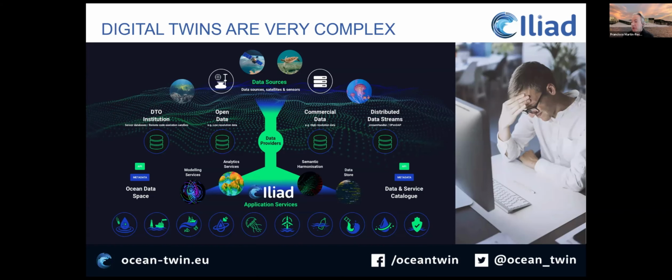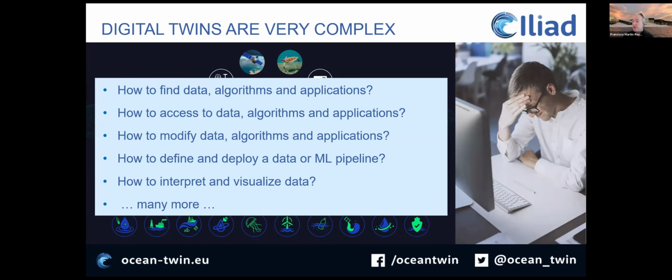But in most cases, you are just a researcher, maybe specialized in biodiversity. You are not a computer engineer. You are not a database engineer. And you are facing the complexity of how to deal with this very complex infrastructure. And of course, you have typical needs, no?